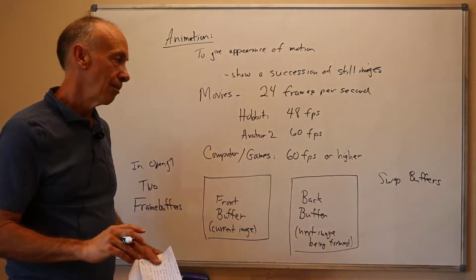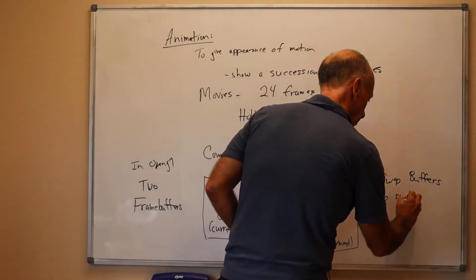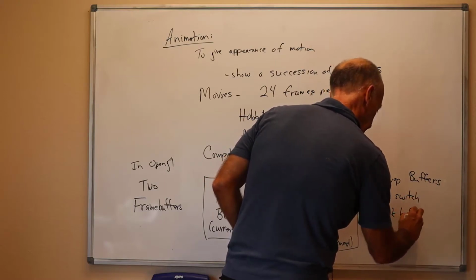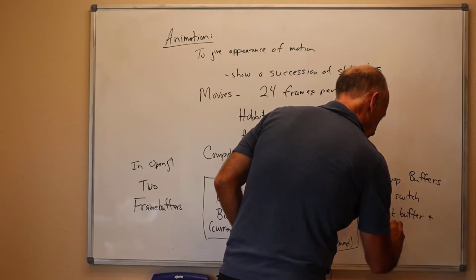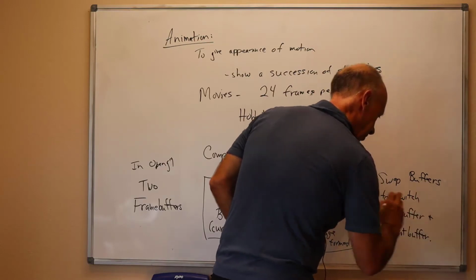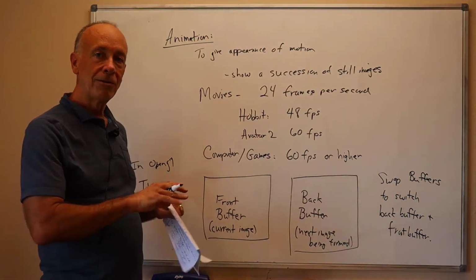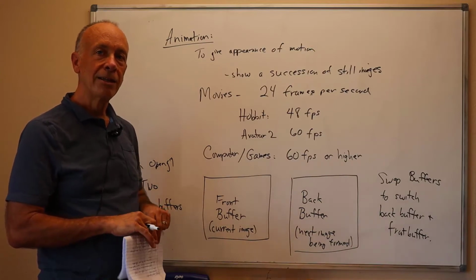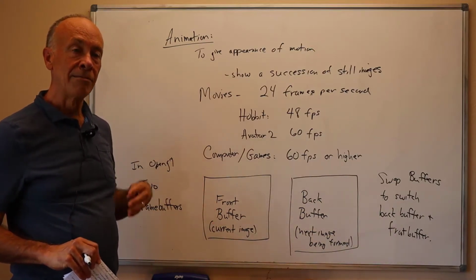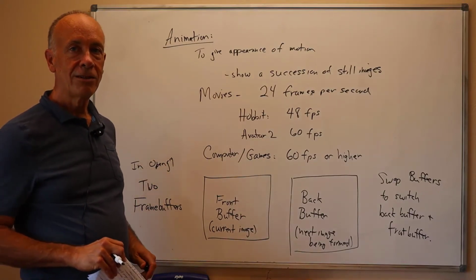We just swap their roles, the back buffer and the front buffer, so that at any point the user is just looking at a fixed still image. The other buffer is changing as it's being created, but the user doesn't see that. And this is the method used to create animated motion. All right, that's the end of this video, so thank you very much.